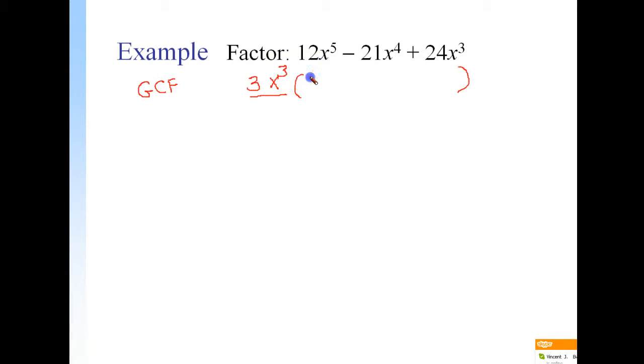So what's left here? Well, this is going to be 4x squared, because if I multiply this, I get that again. I'm going to put a negative there. And here I'm going to take a 7 out. I have x to the 3rd out of there, which leaves me with x to the 1st. And then here it's going to be 3 times 8.